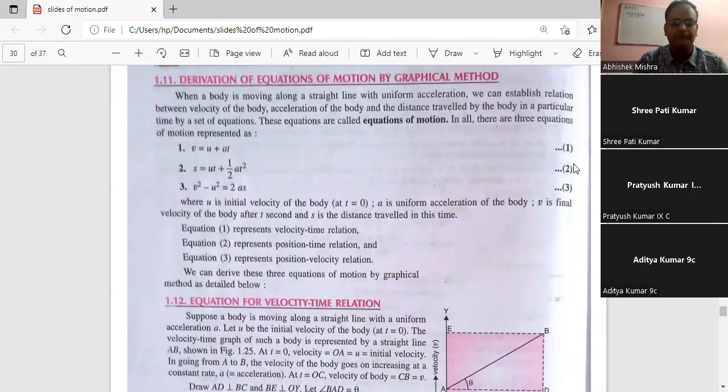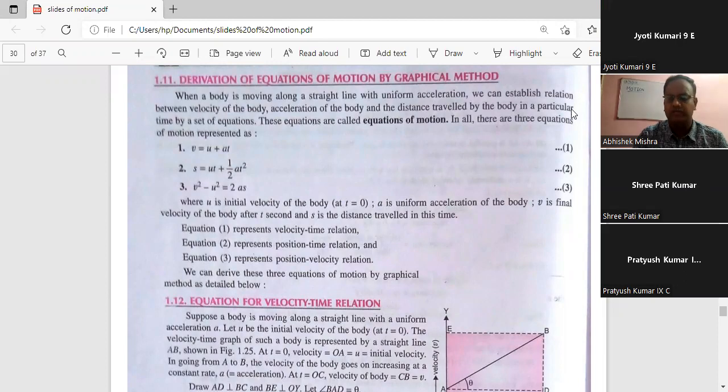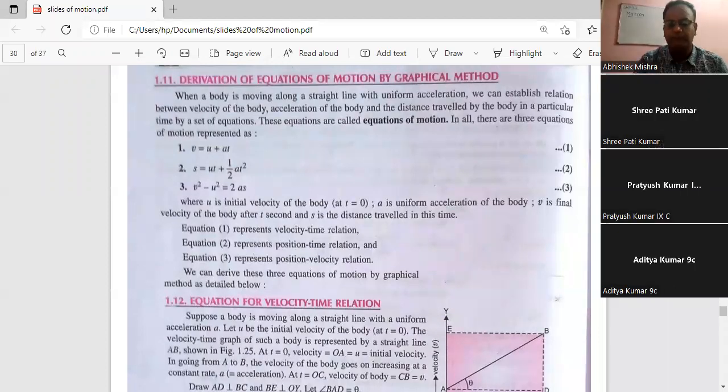So with what abbreviation were we representing the initial velocity? Okay, Shripati, unmute yourself. Okay, Jyoti raised her hand. Okay, first Jyoti. Okay, Jyoti. Sir, by U. By U.